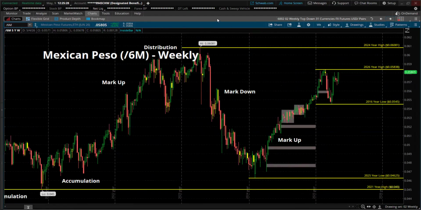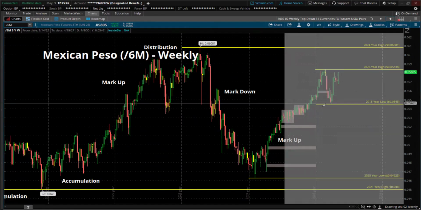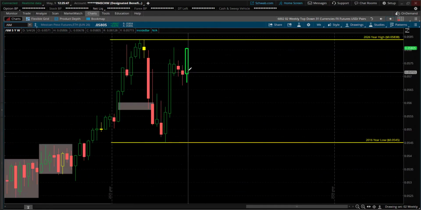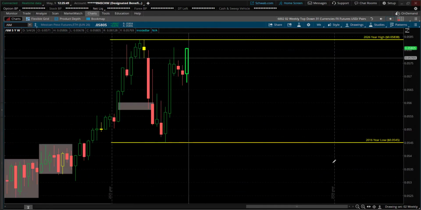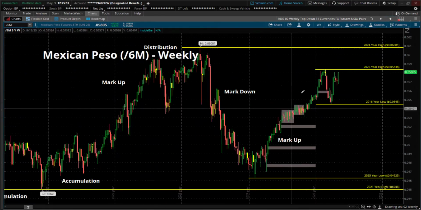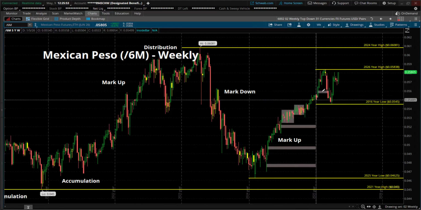The neighbors to the south, Mexican peso. Here's the low for the past 5 years. Here's the high for the past 5 years. So we're in a tight consolidation compared to the prior year. Last year was a strong trend up. And currently, look at this prior week. Nice, strong move up. The momentum is up.